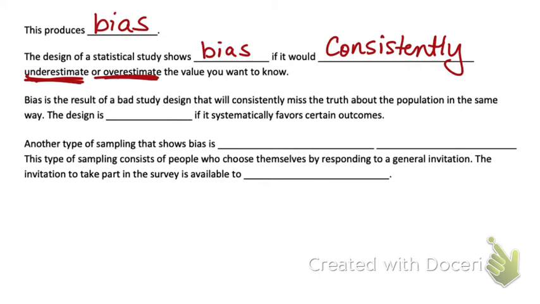So, bias is the result of a bad study design that will consistently miss the truth about the population in the same way. The design is biased if it systematically favors a certain outcome.